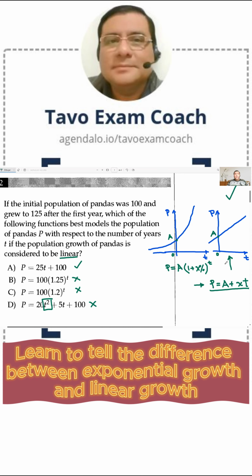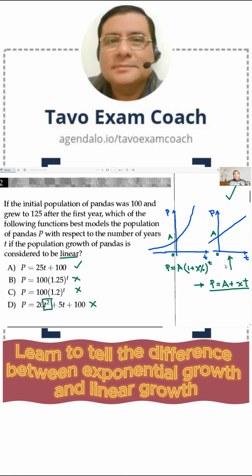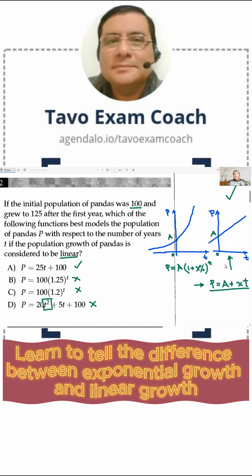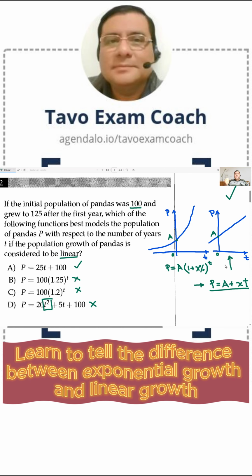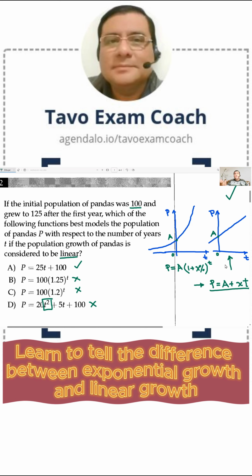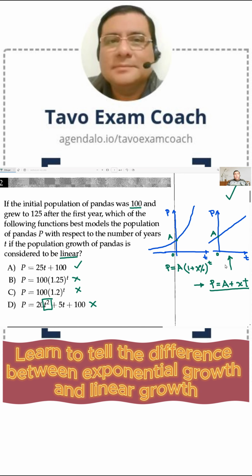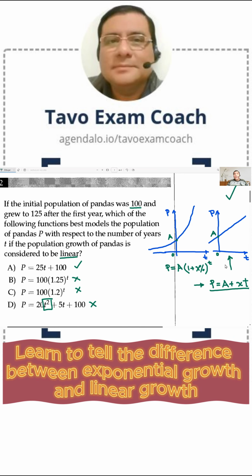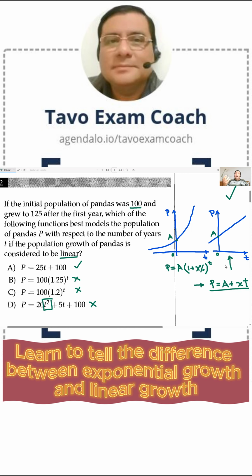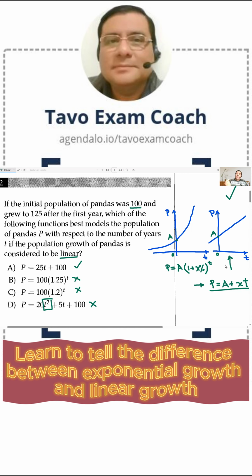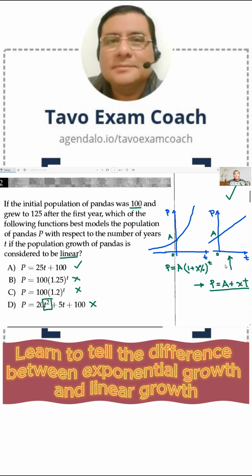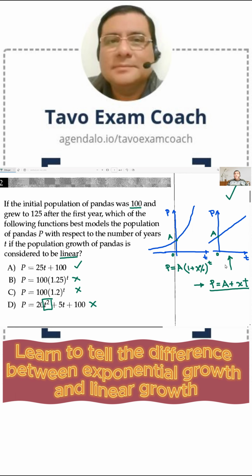Notice we can confirm that the initial size of the population, that is, the value that results from substituting T for 0, P equals 25 times 0 plus 100, so the initial size of the population would be 100, as the statement confirms.